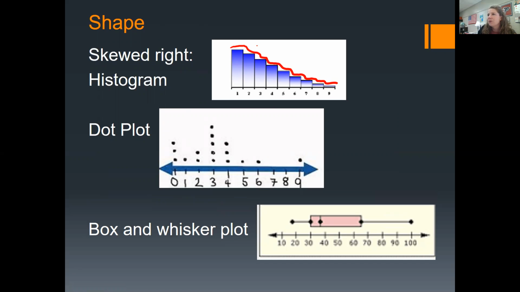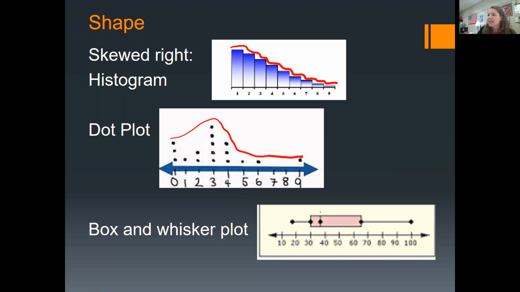So if you follow this down, you think of this as a tail that goes off to the right. So this skews right. The majority of the data is concentrated over here to the left. This also has a majority of the data on the left side. So this one skews right and this one as well.